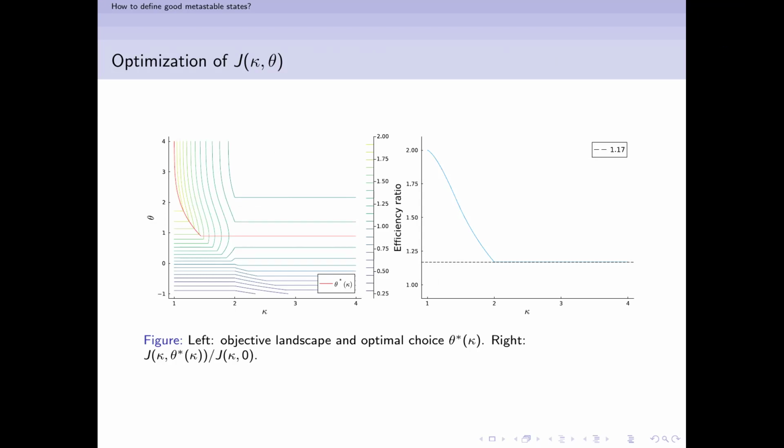Here I plot theta, which gives you the distance of the boundary to the saddle point. In red, I plot the optimal theta. And once you have this, you have a way to parameterize domains, at least in the case where there's only one saddle point.